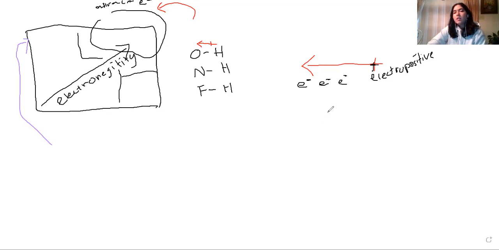And actually, this is a good time to bring up a trend that literally means the same thing as electronegativity. It's polarity. So when you have a difference in electronegativity, you also are going to have polarity.